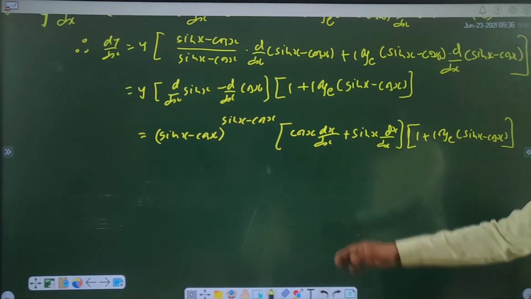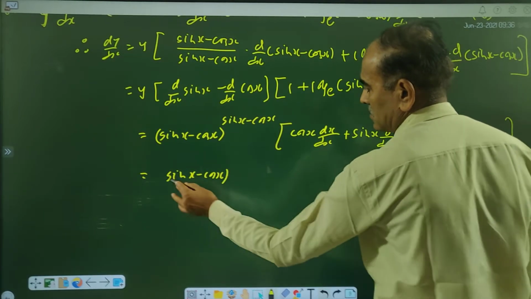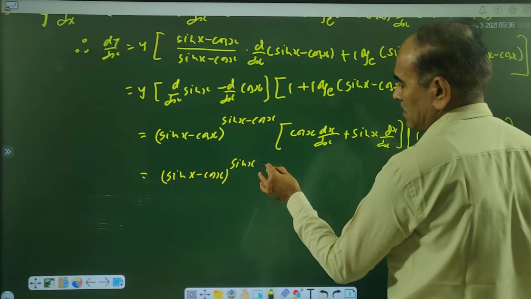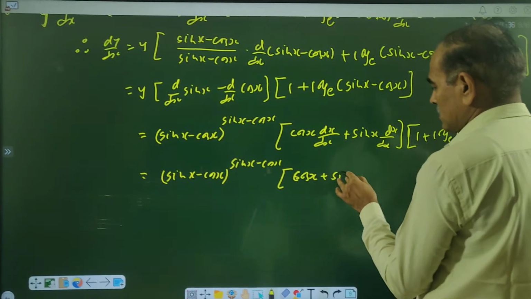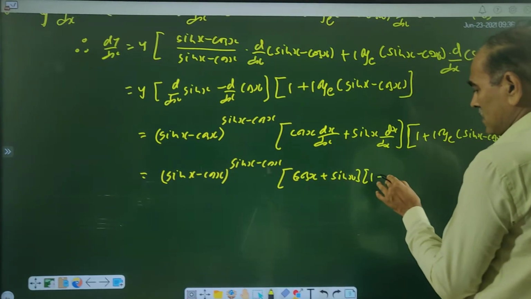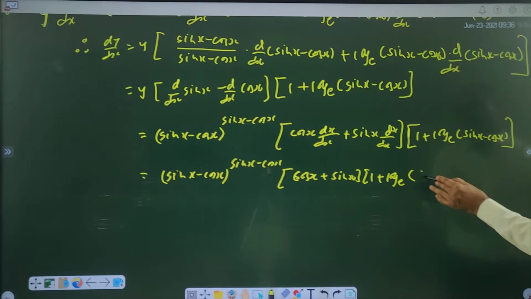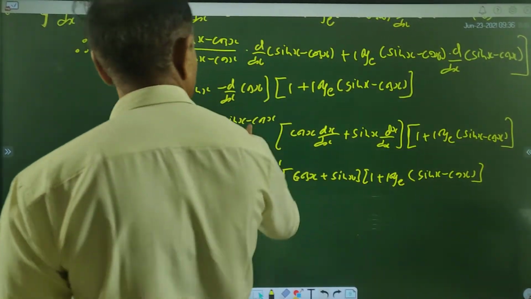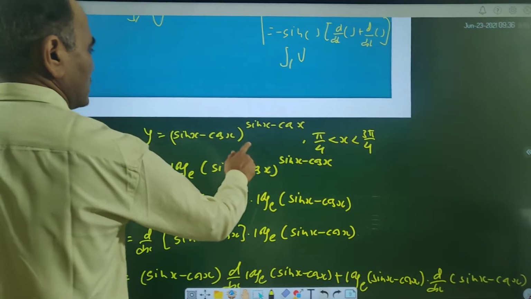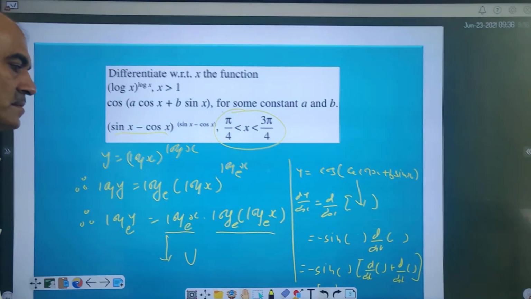Okay, so what happens? That is equal to (sin x minus cos x) raised to (sin x minus cos x), into (cos x plus sin x), into the second bracket, 1 plus log base e of (sin x minus cos x). This is the answer. Very simple thing. Now you are able to check everything. Okay?